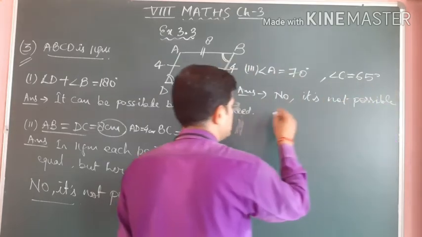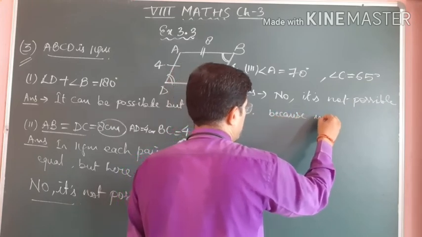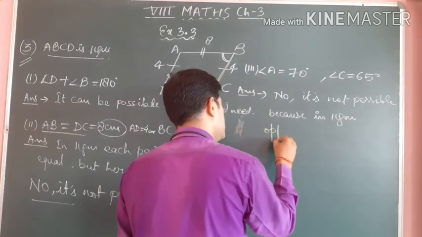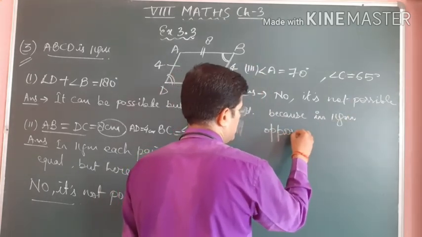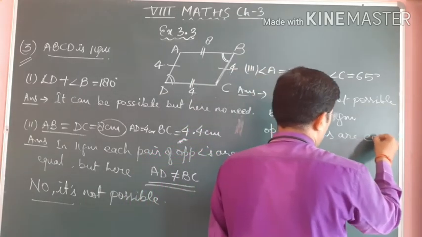Why is it not possible? Because in a parallelogram, opposite angles are equal.